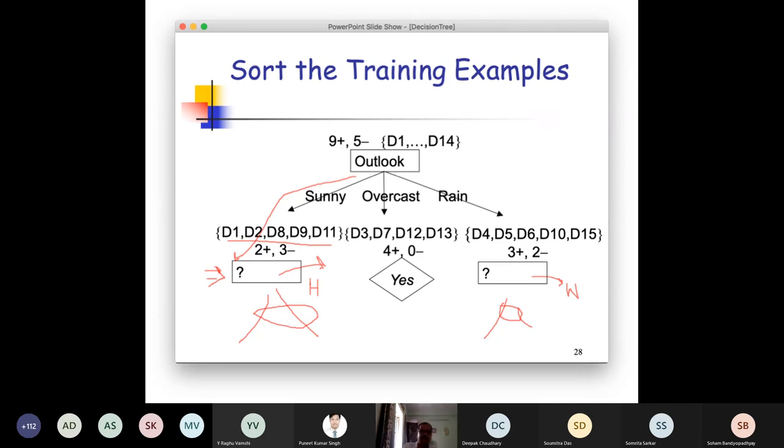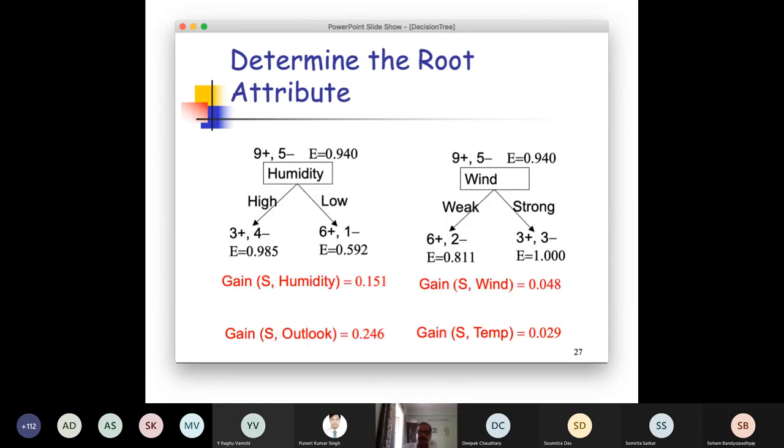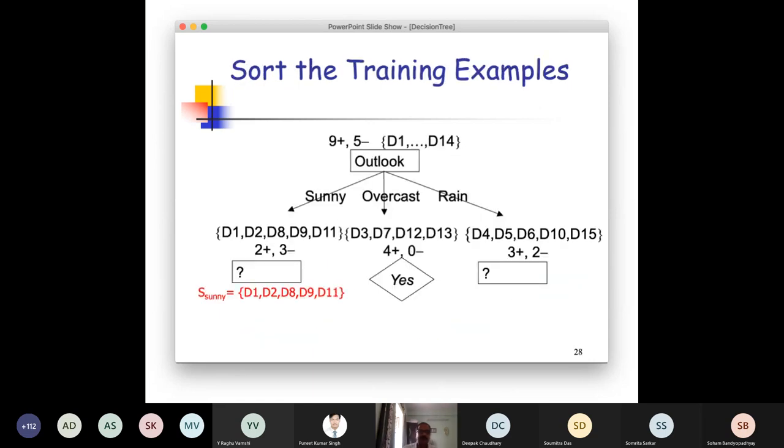Fine. So here you apply the same process, and then you can get the next level of the decision tree, the next level of splitting. Let me use this. This is the set under consideration, and I'm naming the set S sunny.